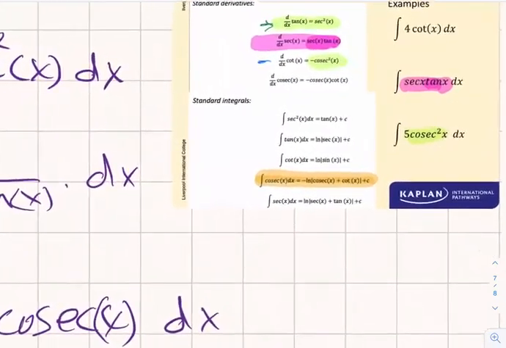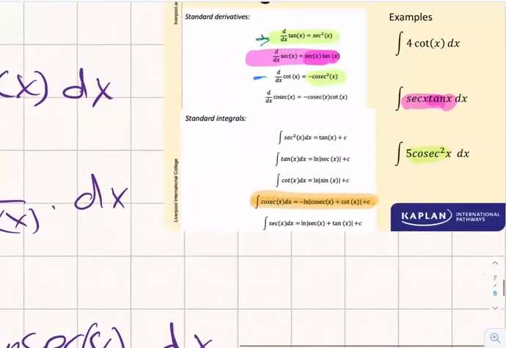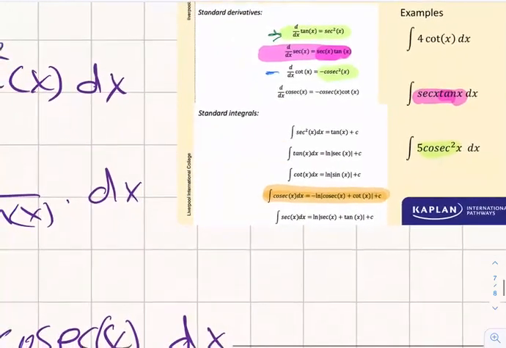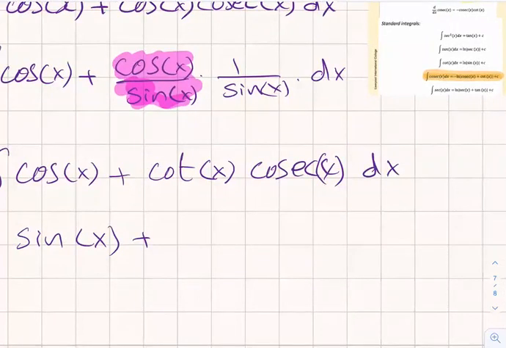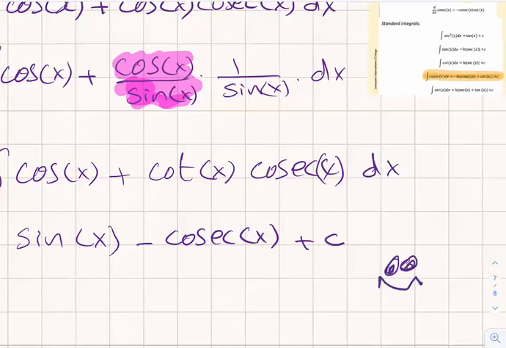The integral of cot cosecant is minus cosecant x plus c. And that's it.